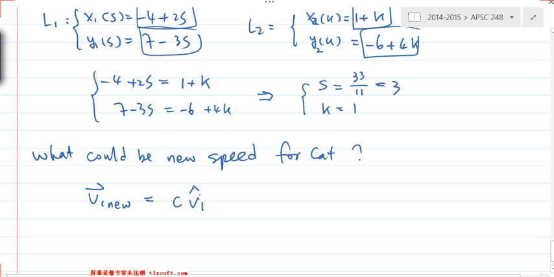Same idea. So V1 hat is V1 over the magnitude of V1. So we have V1 and we can calculate this.